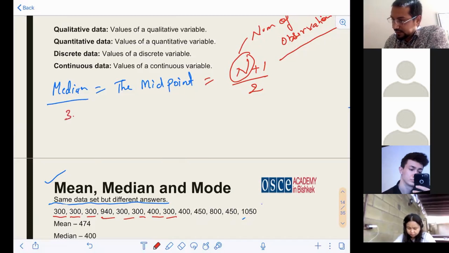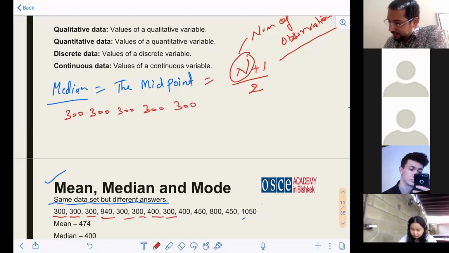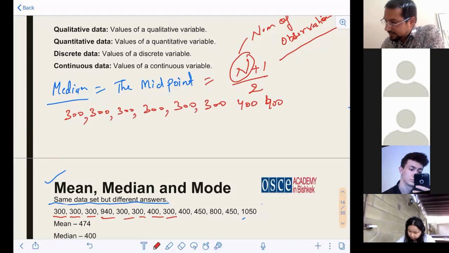So it is 300, 300, 300, again 300. So we have five 300, and in fact six 300. And then we have 400, and again 400, I guess. Let me put commas, otherwise it will not look right. 400 again. So how many 400? Two 400.